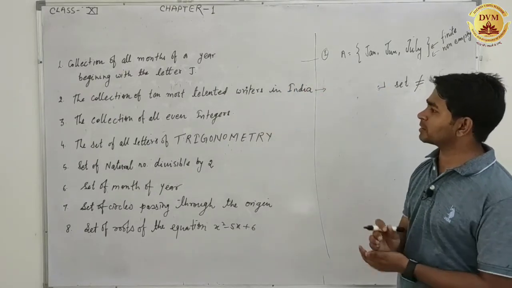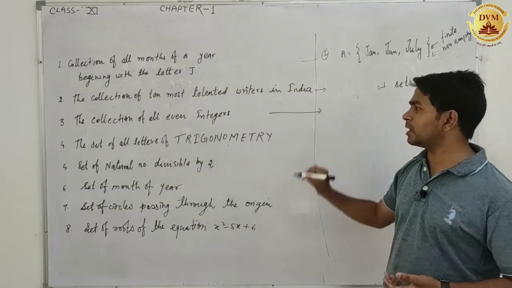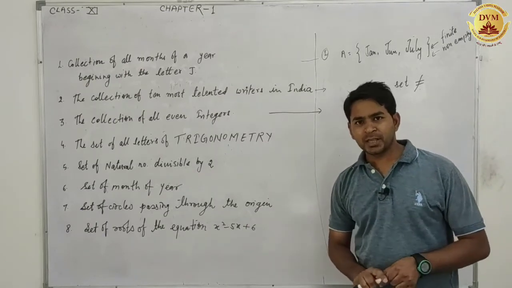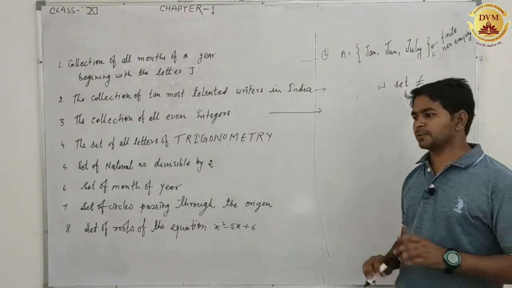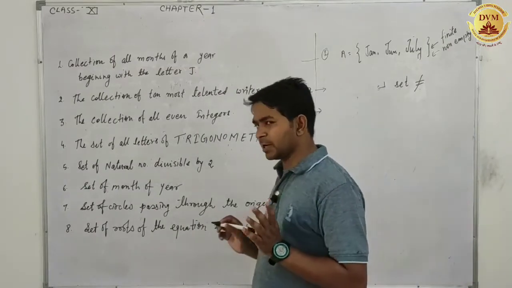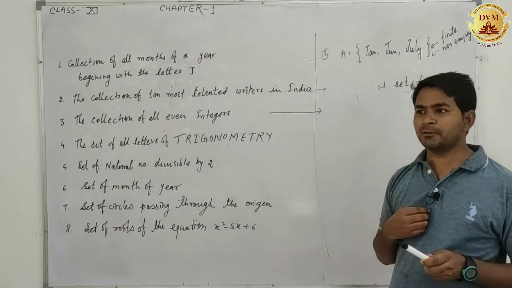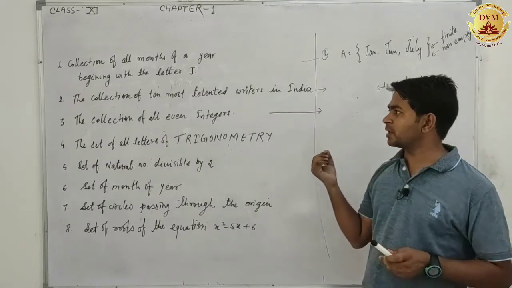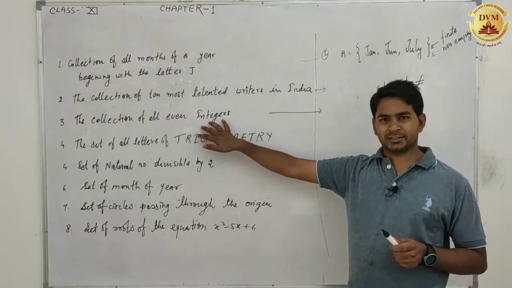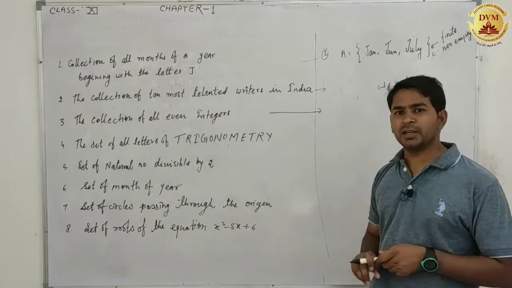Okay, if we talk about the third one, the collection of all even integers. First of all, integers are numbers that can be negative or positive, and we have to include those numbers which are divisible by 2.